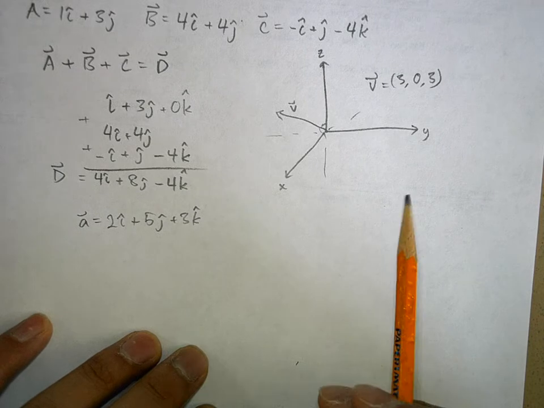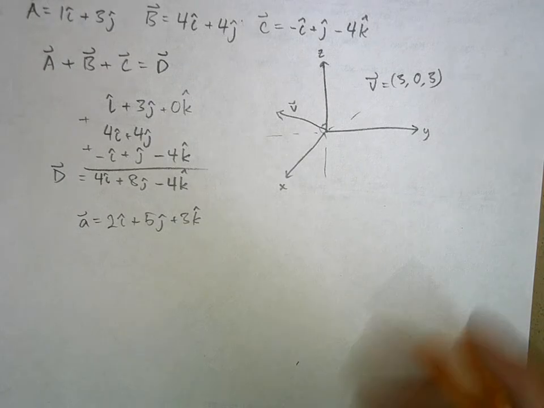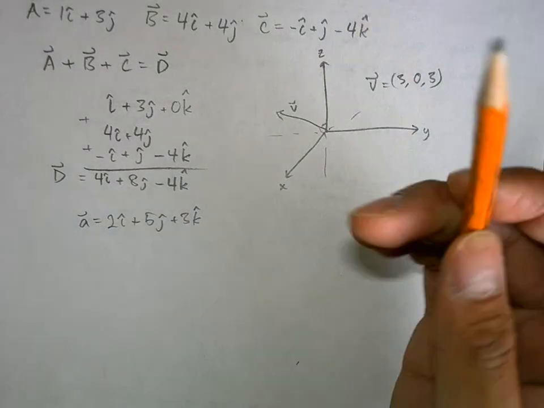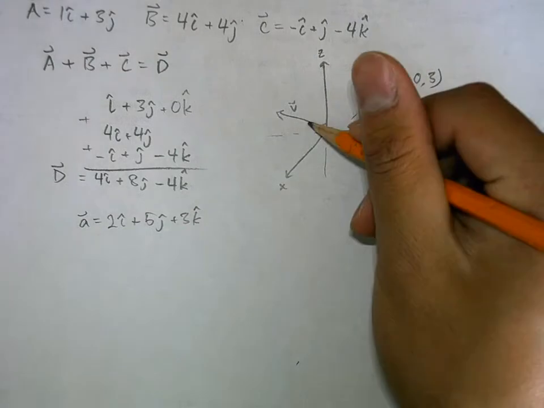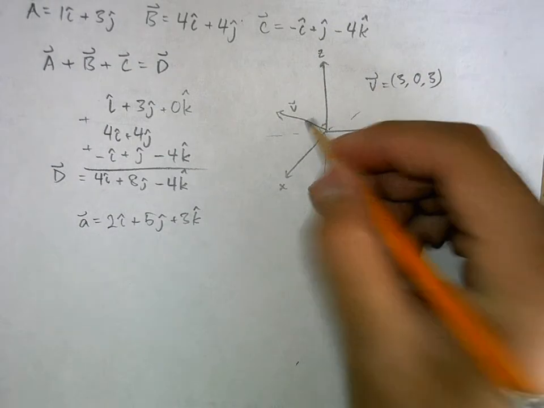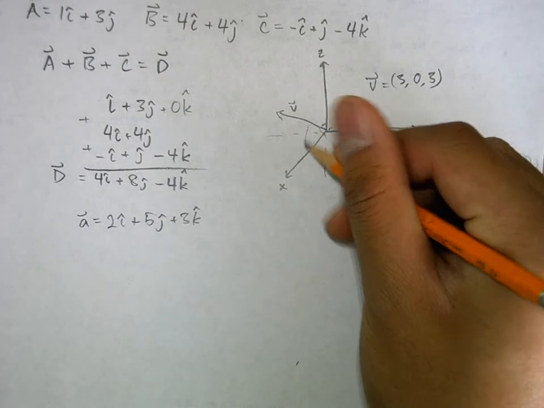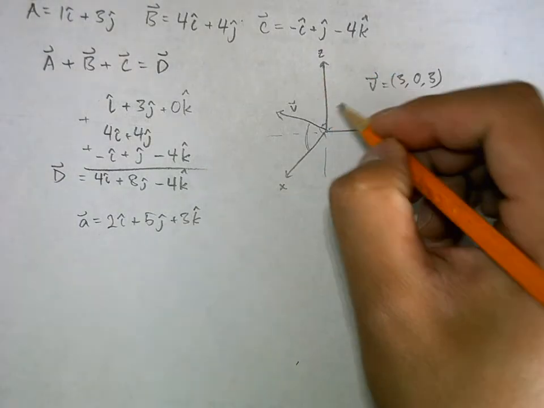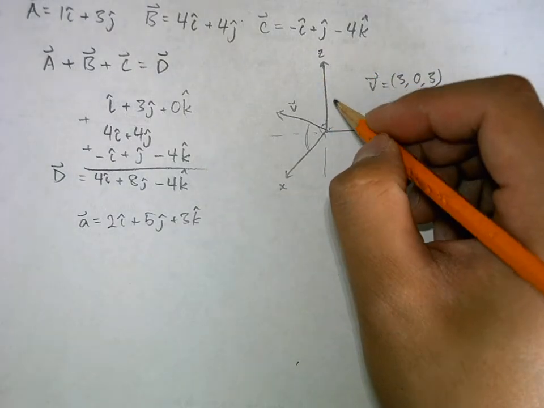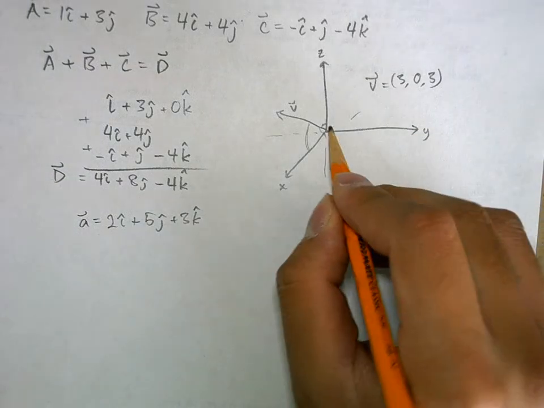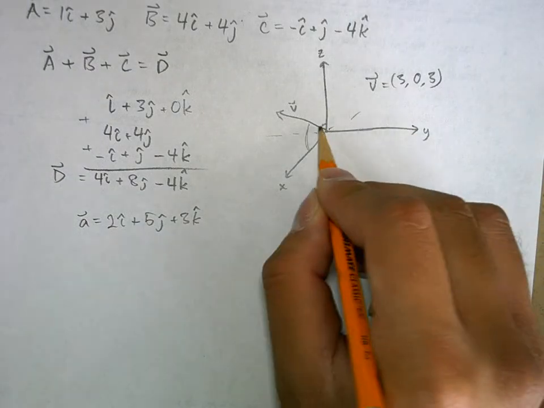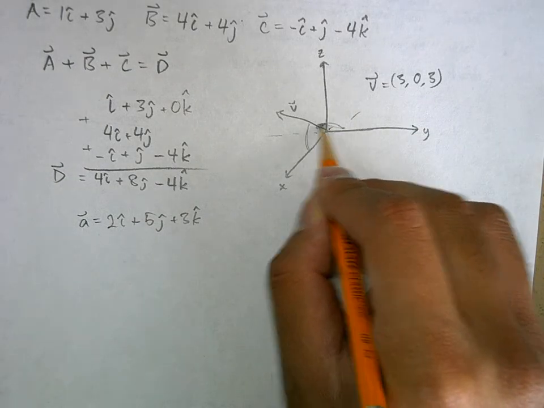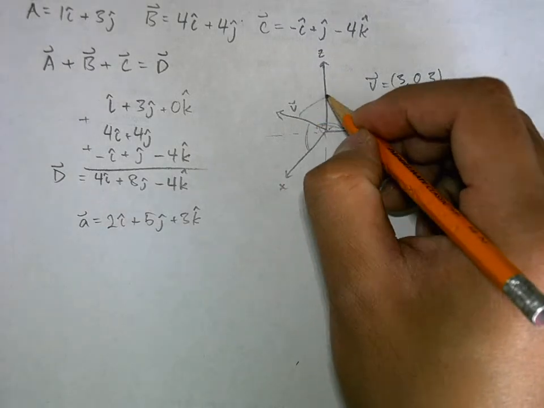What we can do is let's say we wanted to find the angle between this vector v and the x-axis here. Let's say we also wanted to find the angle of the vector v off the y-axis, which is here, and then also off the z-axis, which is here.